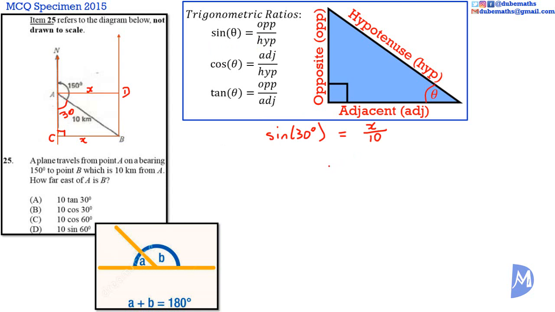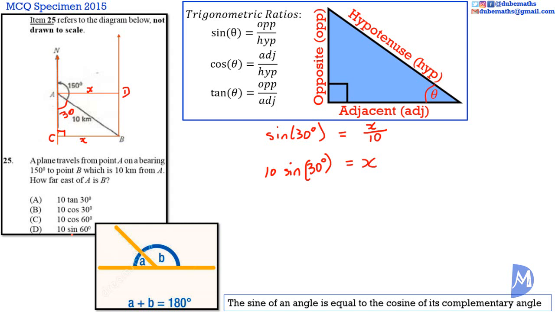So we are going to make x the subject of the formula. We multiply by 10 on both sides. So sine 30 degrees multiplied by 10 is the same as 10 sine 30 degrees, is equal to x over 10 multiplied by 10. When you multiply by 10, the 10s would cancel to remain with x. We have 10 sine 30 degrees is equal to x, or x is equal to 10 sine 30 degrees. We don't have 10 sine 30 degrees as one of the answers.